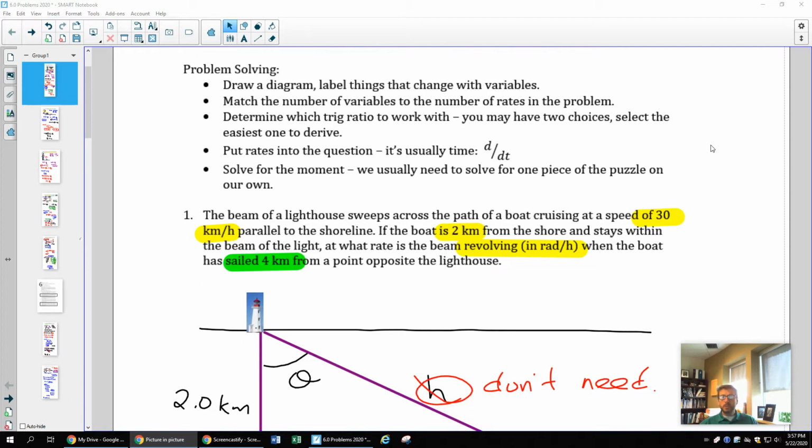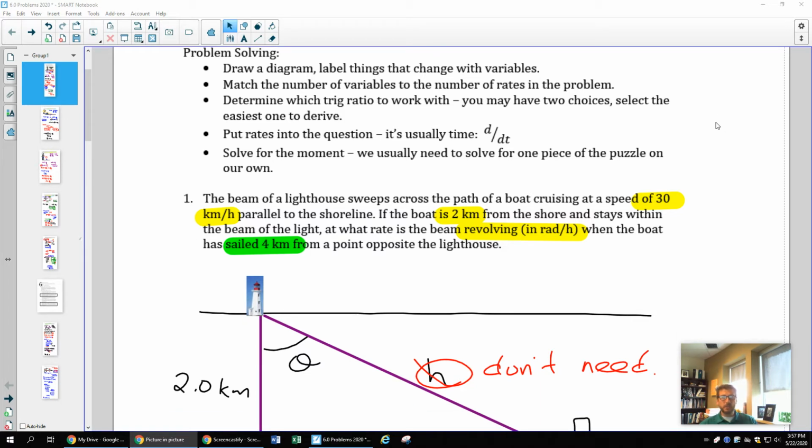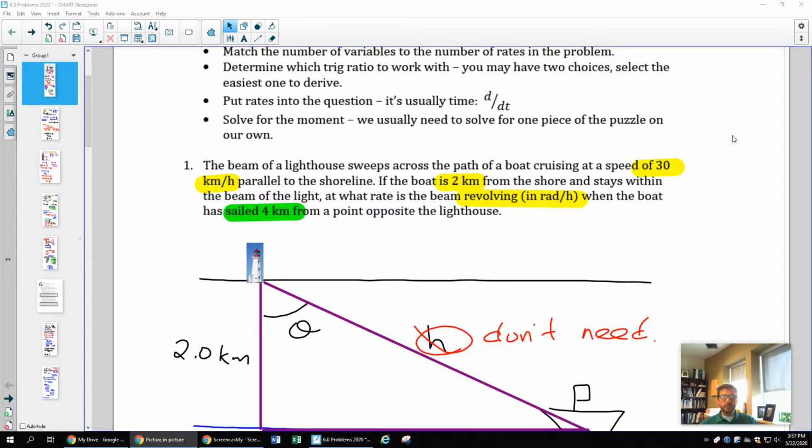And when you're doing triangles, we're used to working with sine, cosine, and tangent, but you don't want to forget that you have secant, cosecant, and cotangent as well. Sometimes working with the reciprocal identities is actually easier for finding derivatives, so we want to choose the easiest one to work with. Then after we have our variable, we have to put the rates in.